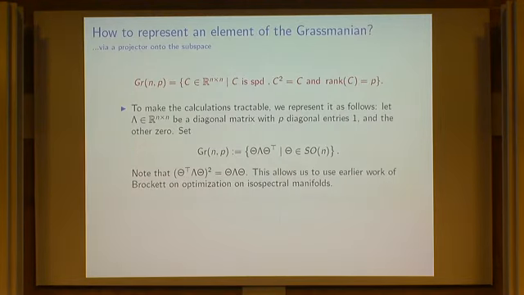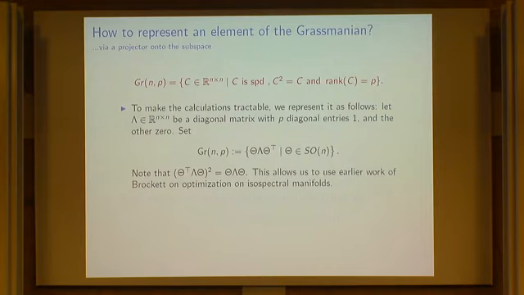Okay, so how are we going to represent the Grassmannian? As I said, we choose to represent the p-dimensional planes via an orthogonal projector onto this space. So C is positive semidefinite, C squared is equal to C, rank of C is equal to P. This defines a projector. Okay, how are we going to represent now the set of such matrices?